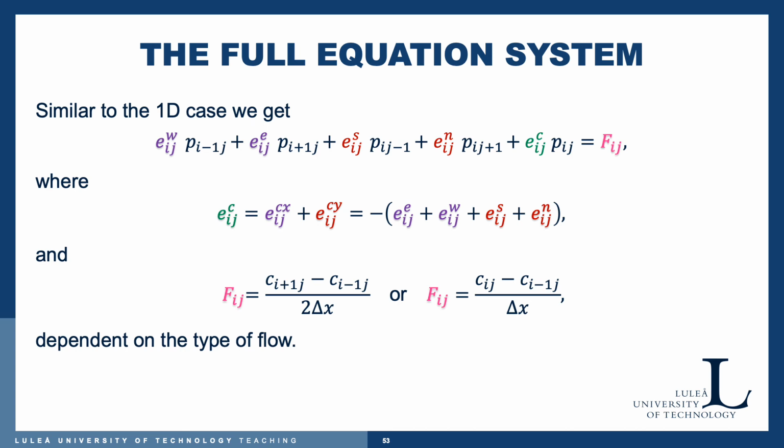These coefficients, especially the central coefficient here, are comprised from the central x and central y coefficients together, and therefore it is actually expressed in terms of the east and west coefficients like this, and it has a negative sign, remember that.